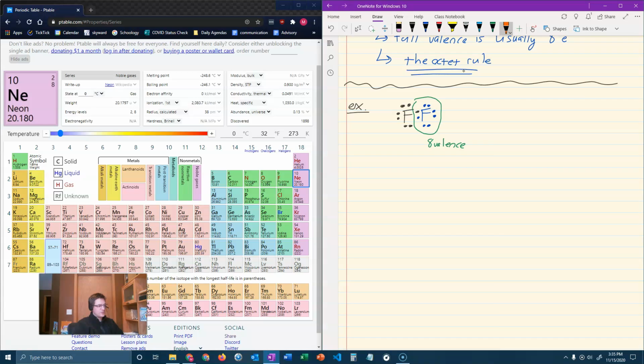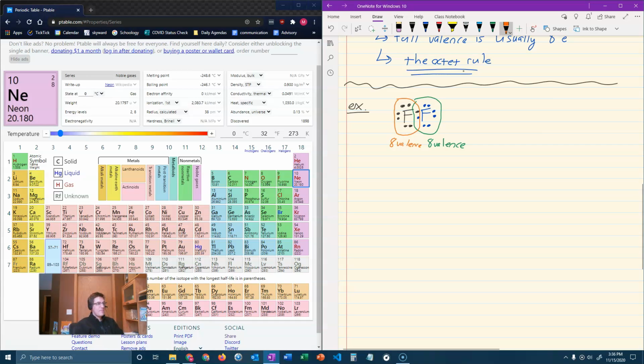I'll do this one in orange. And if we count everything inside of this orange bubble, this is the first fluorine atom's kind of circle of influence, right? 1, 2, 3, 4, 5, 6, 7, 8 valence there as well. So as long as these 2 fluorine atoms stick together real close to each other like this, they're going to have 8 valence electrons, which is exactly what they want.